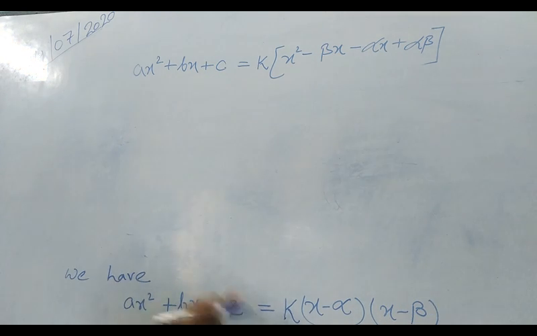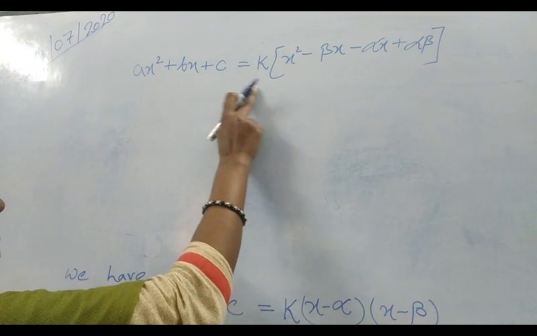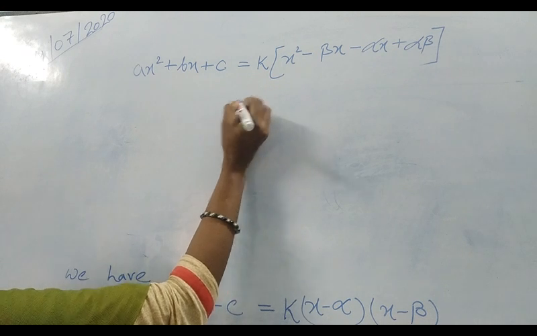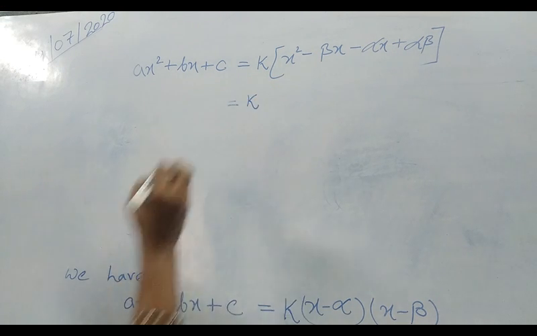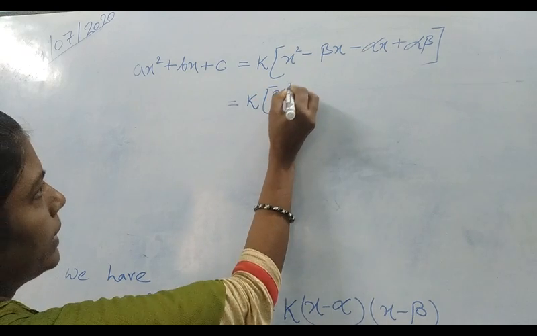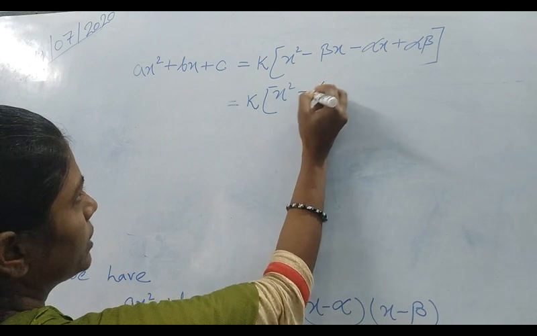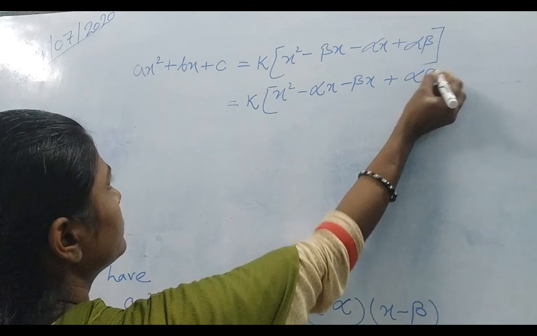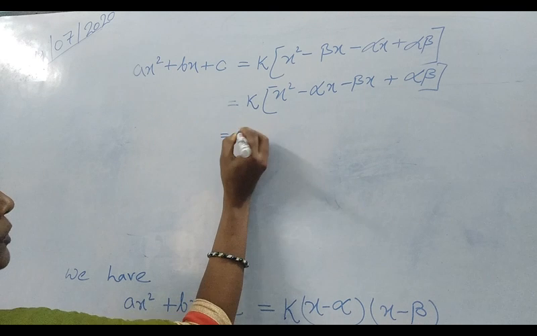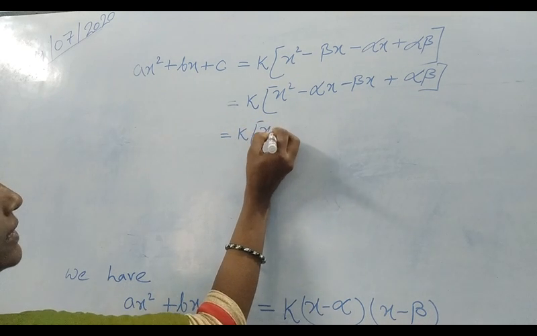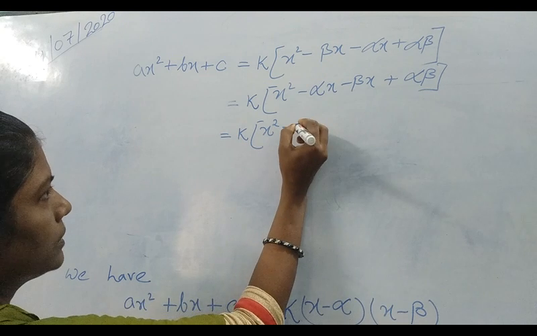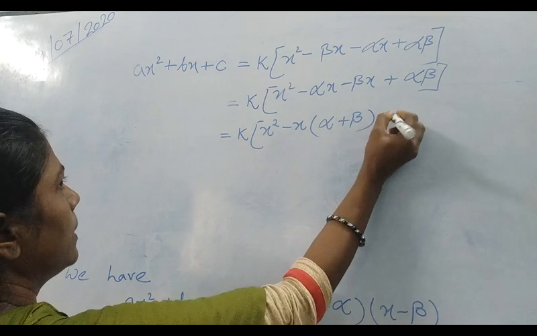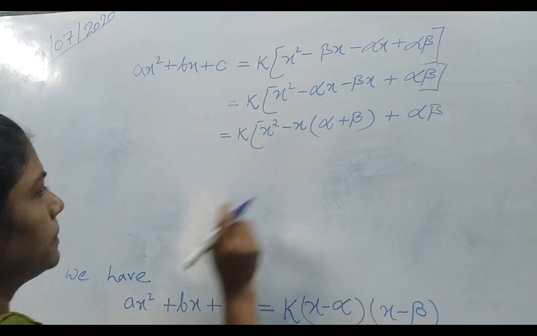Now look at the next step, ax square plus bx plus c is equal to, after simplification, the last step. So here k x square, try to इसे सीधा करेंगे हम टर्म्स को, alpha x minus beta x plus alpha beta. So k x square, now take common minus x, so what we have, alpha plus beta plus alpha into beta.